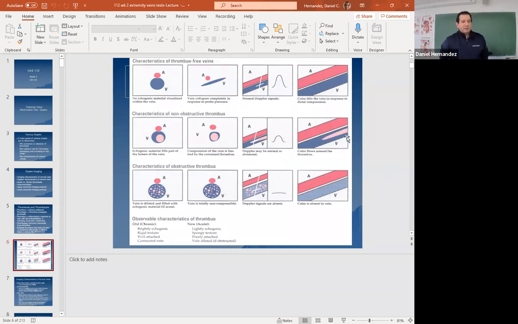That's one way you can prove to the doctor, hey, I imaged this vein in this segment, I went down the leg, I didn't see any sort of filling defects. I wasn't able to do the compression maneuver because the patient wasn't able to tolerate that portion of the exam. But at least you gave them some information: the Doppler waveforms and color flow images showing the vessel completely filling with color.